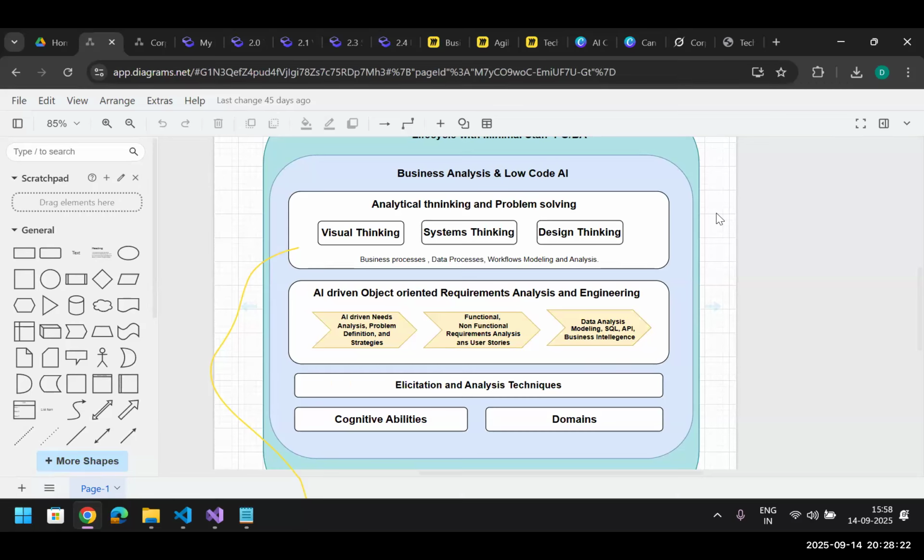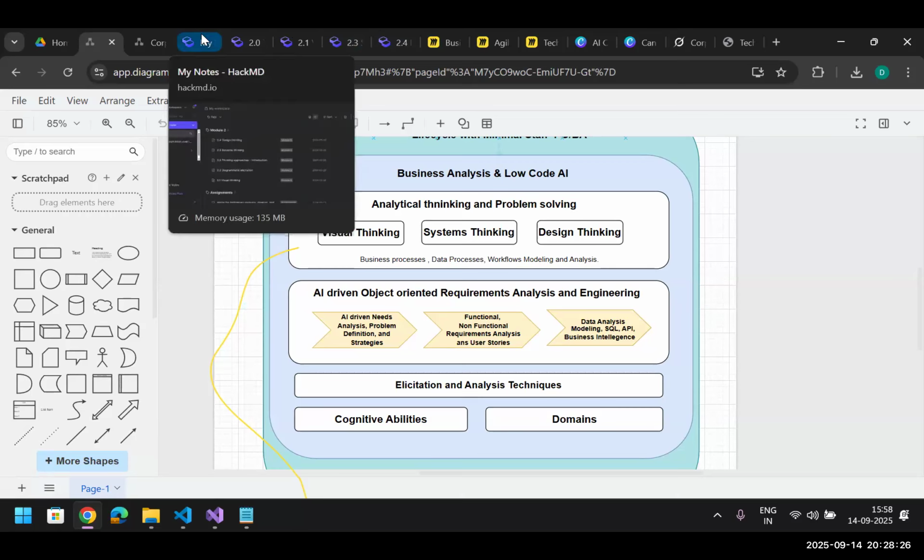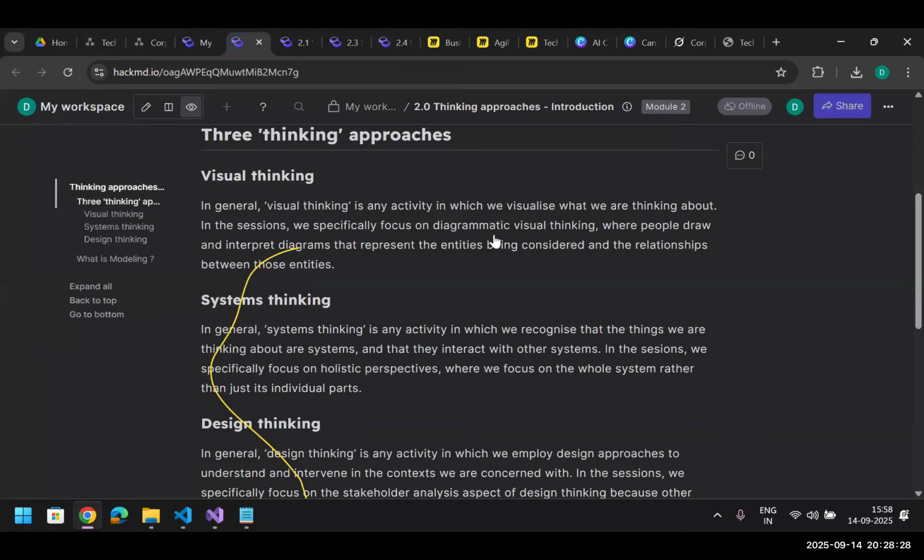Therefore, how can we think? There are three common approaches in analytical thinking, and I'm talking about them because we are BAs. There are three common thinking approaches: visual thinking, systems thinking, and design thinking.